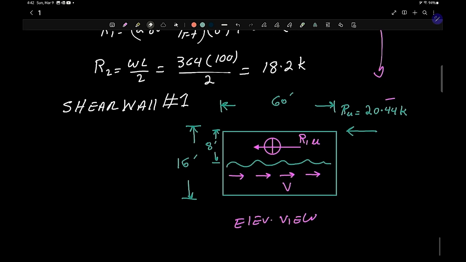Then we have the height 16. And then we're going to use half of the wall to calculate the wall seismic force using a dead load of the top half of the wall.